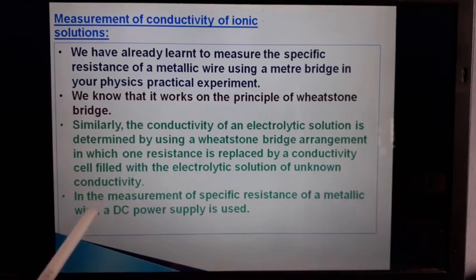In the measurement of the specific resistance of a metallic wire, DC power is used, not AC power.